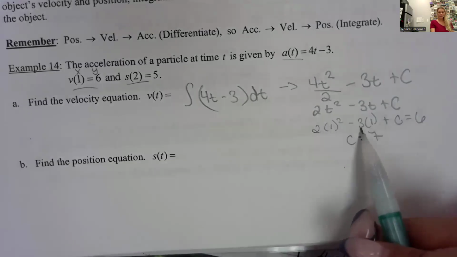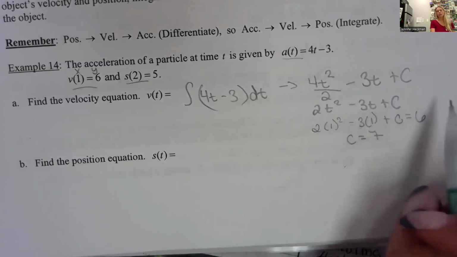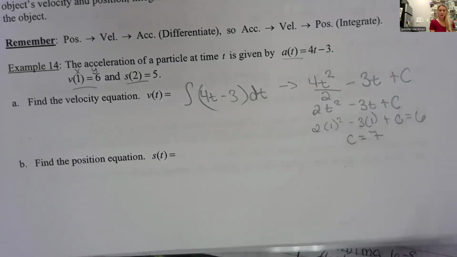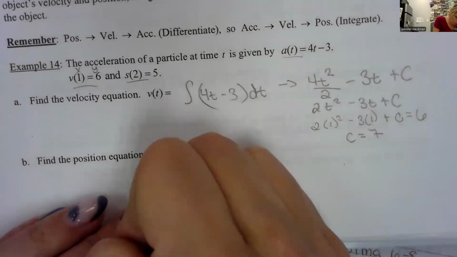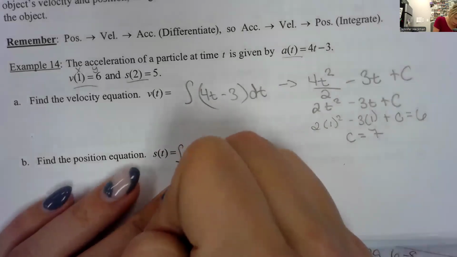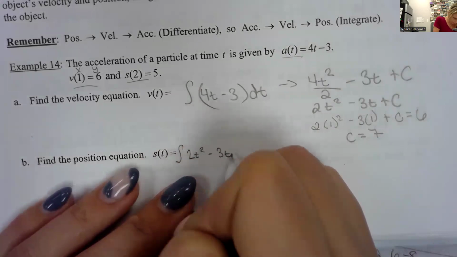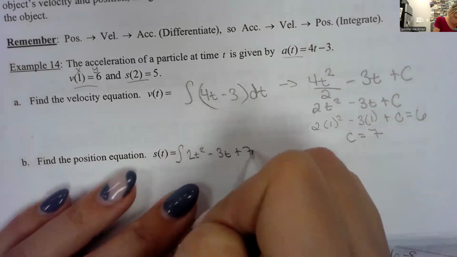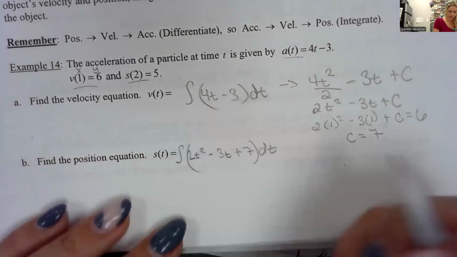2 minus 3 is negative 1. Add 1 to the other side, you get 7. Okay, so now when we find the position, because the position is going backwards from the velocity, we are taking the integral of this, 2t squared minus 3t plus 7. So power rule, constant rule.